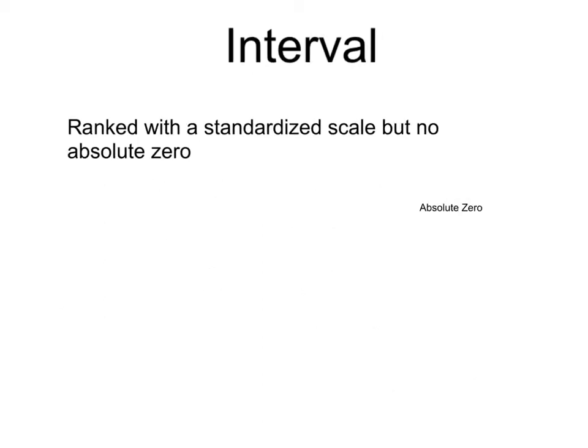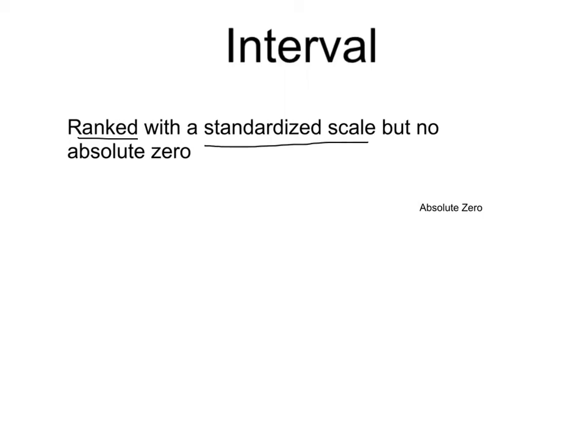So with an interval level of measurement, which is the next level up, we have a ranked variable. So we still have 1, 2, 3, 4, but now we have what we call a standardized scale. That means the difference between 1, 2, and 3 are all equal. The difference between 1 and 2 is the same as the difference between 3 and 4.